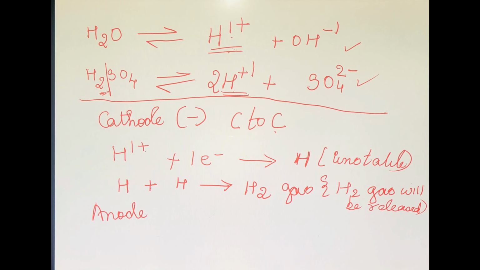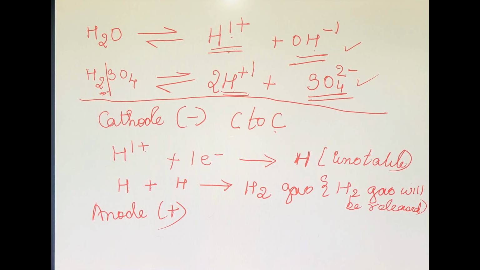I am starting with the reaction at the anode. What is the reaction at the anode? Anode is positively charged. So of course, my negatively charged anions will start running towards the anode. But here can you see there is a competition. There is a competition between OH minus 1 and SO4 2 minus.